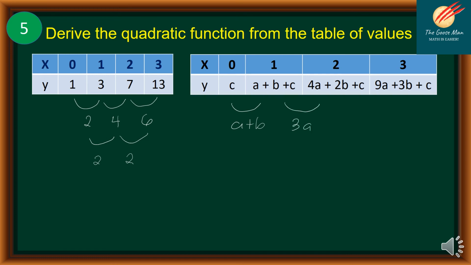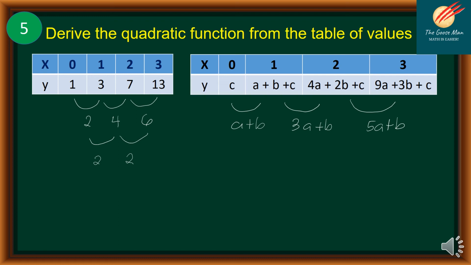Then we have 2b minus b will give us positive b, and c minus c will give us 0. Next, we have 9a plus 3b plus c minus 4a plus 2b plus c, so we come up with 5a plus b.